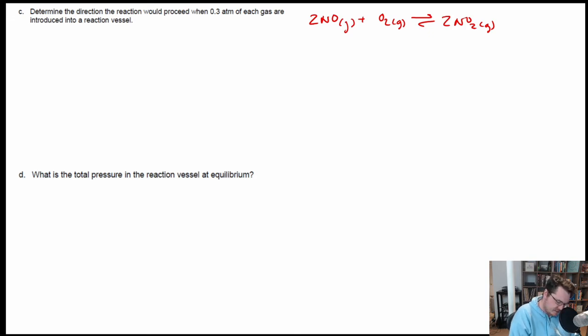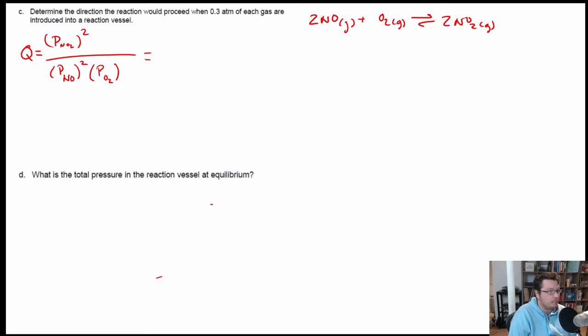Q in this case is going to be the partial pressure of NO2, to the power of 2 because it has the coefficient of 2 in the equation, divided by the partial pressure of NO gas to the power of 2 as well, times the partial pressure of O2 gas.